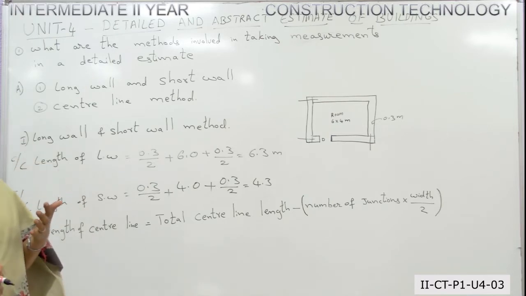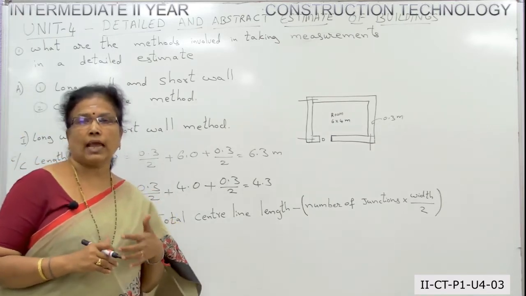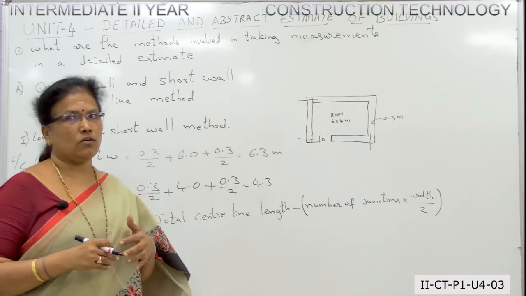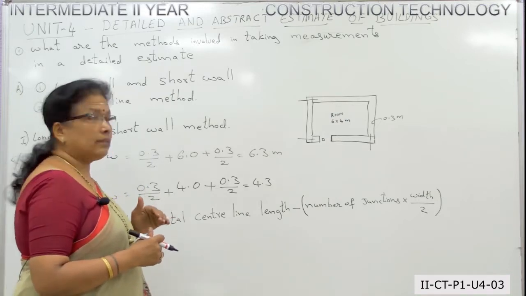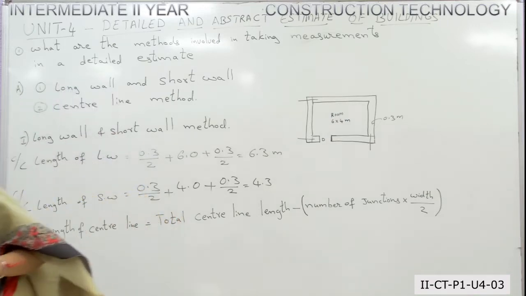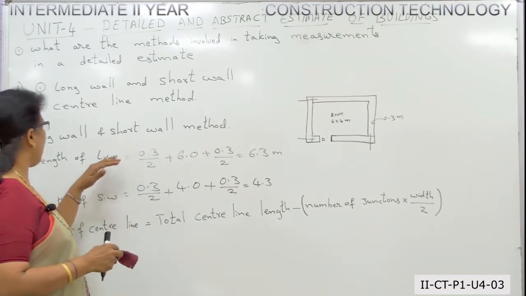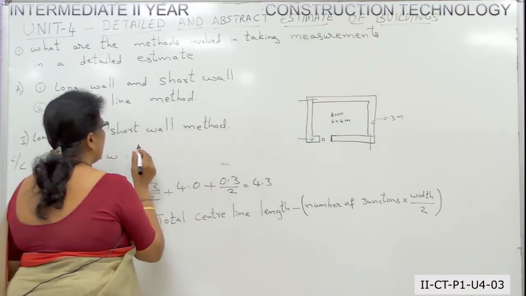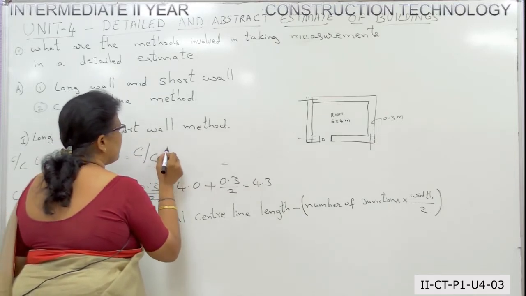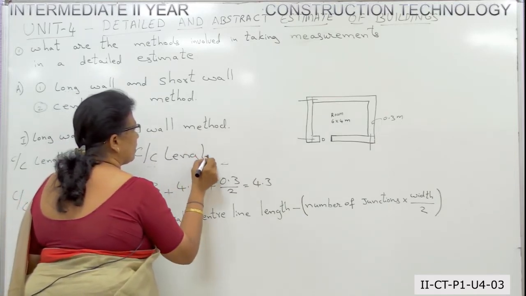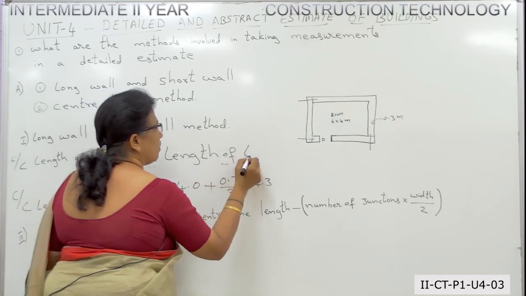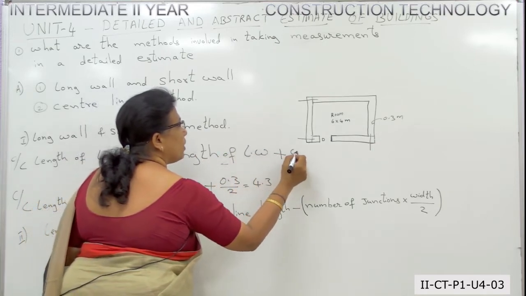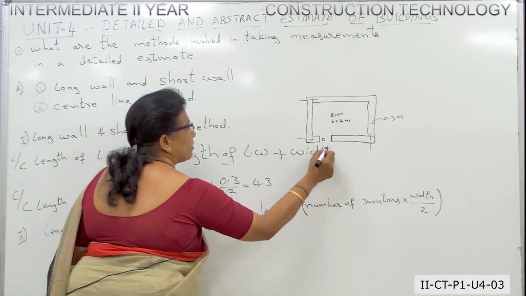While you are calculating the quantities of various items, you have to take the center to center length of the long wall plus one width.